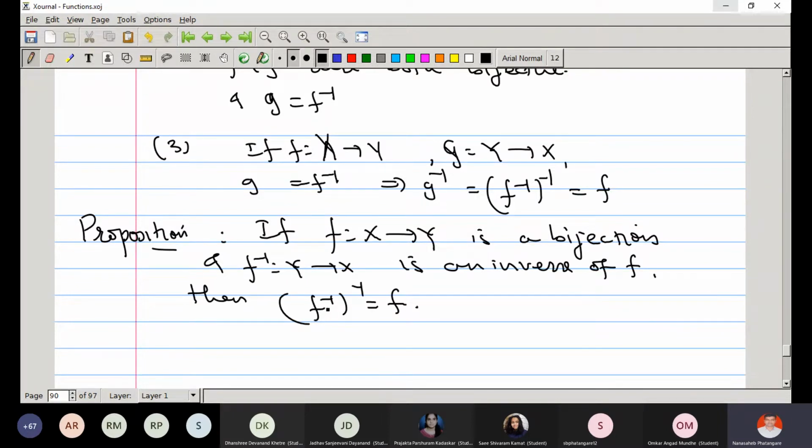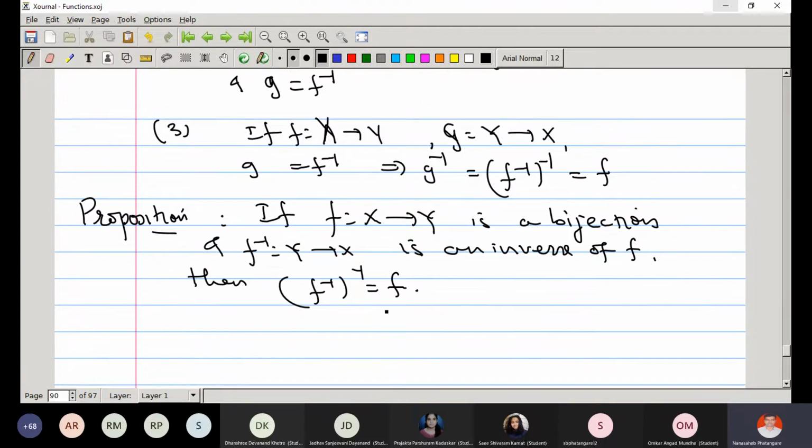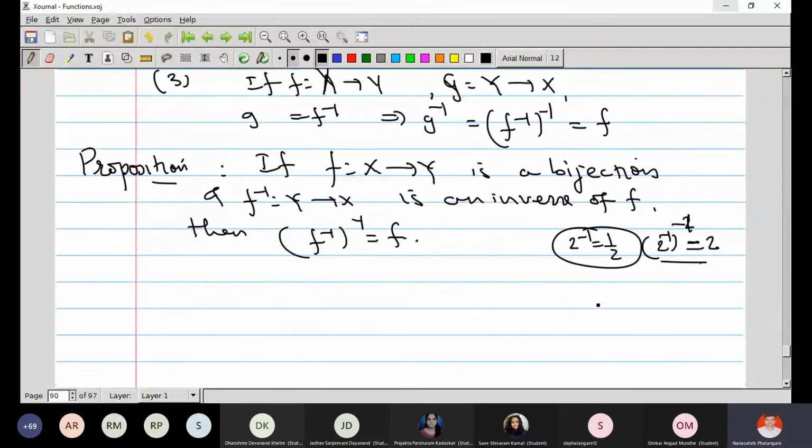And this is very easy to see, right? We can easily say that inverse of inverse is f. It is exactly the same as: inverse of 2 is 1 by 2, and what is the inverse of 1 by 2? Again 2. So similar thing, inverse of inverse is itself.